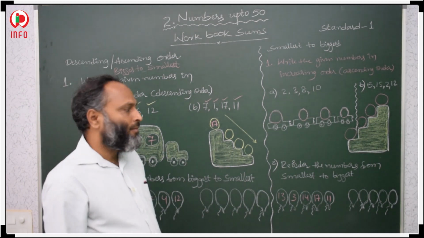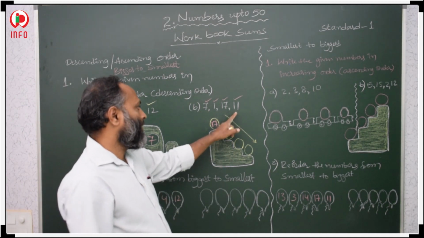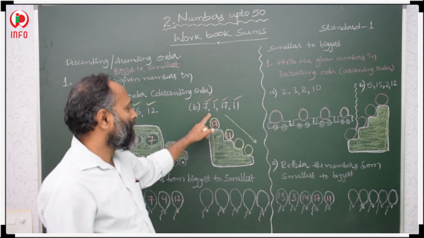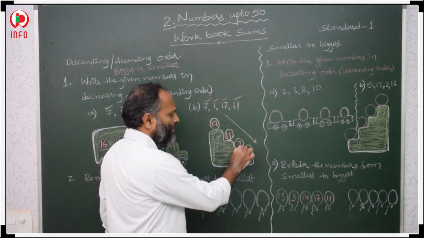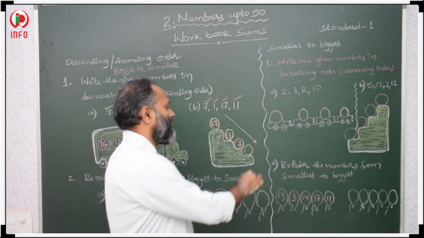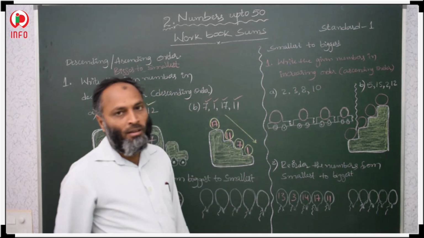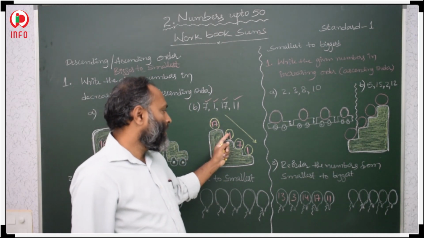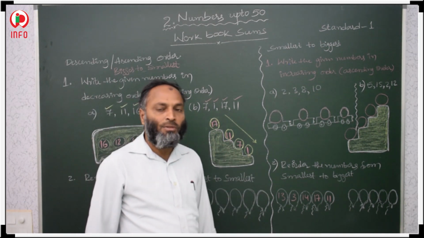Then smaller than this is 11. Smaller than this is 7. Then smaller than this is 1. 1 is the smallest one.